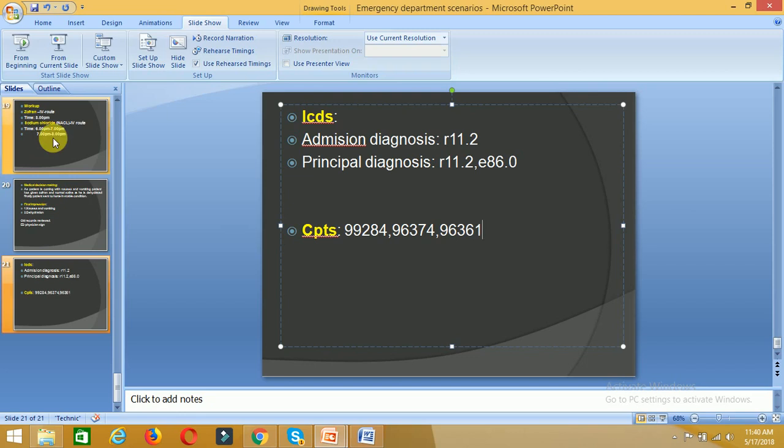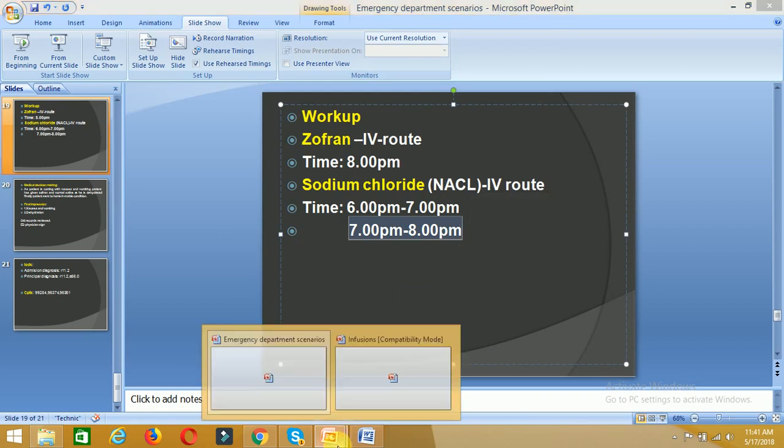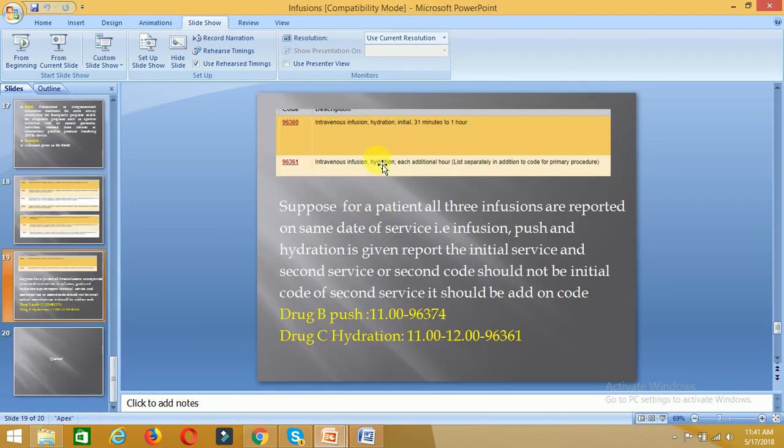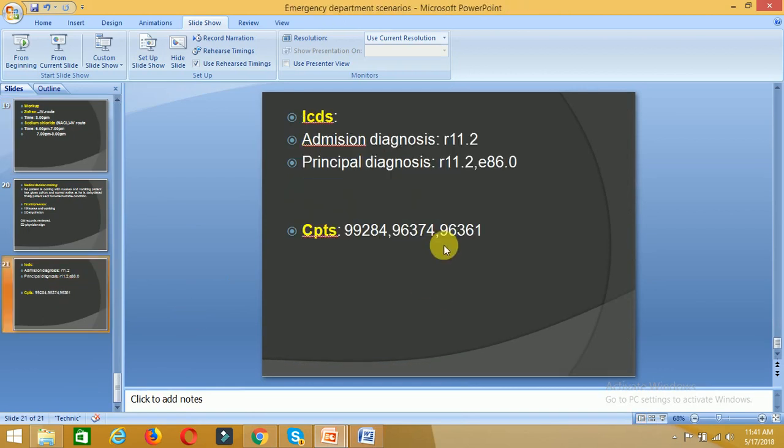This is for the initial timing of the NaCl, that is 6 to 7, and again we have one more timing, right? As per the timing, this code is for each additional hour. So one more hour of hydration is also there. So I am giving one more 96361 code. Okay, so 96361, and instead of adding another one, we can keep it like this, times 2.